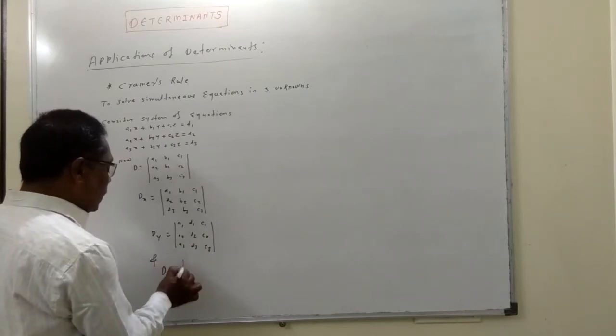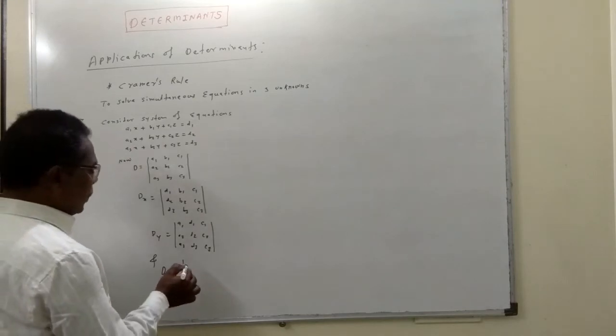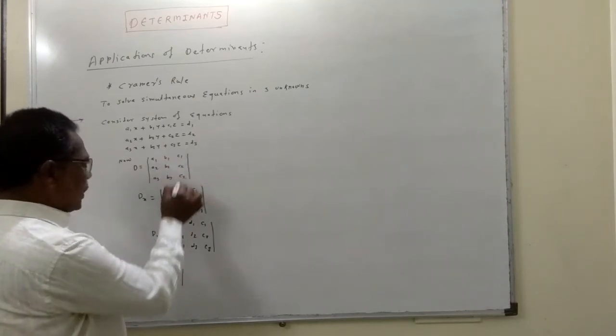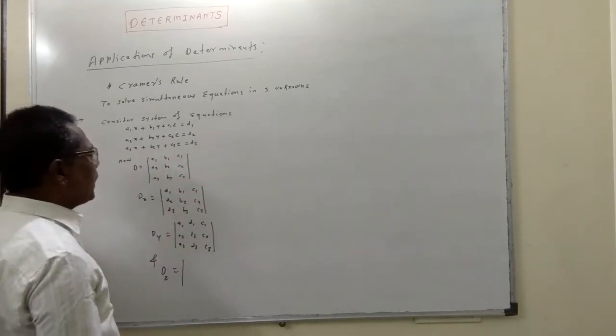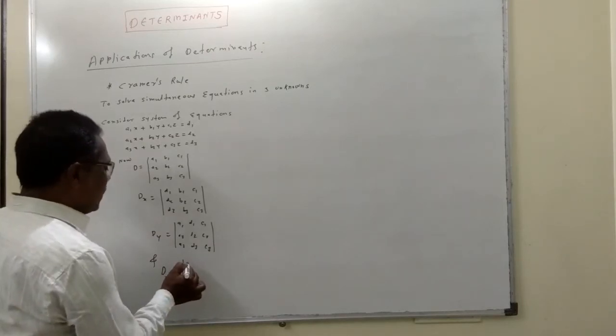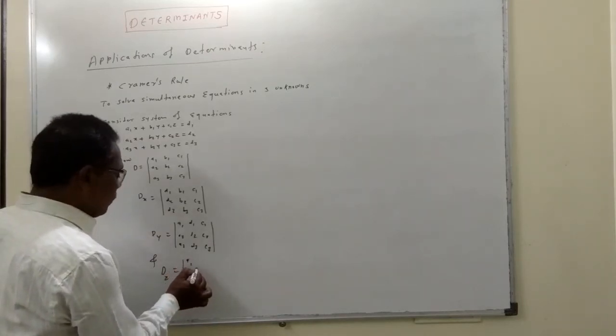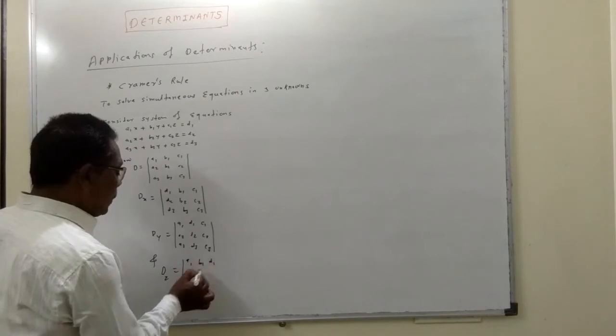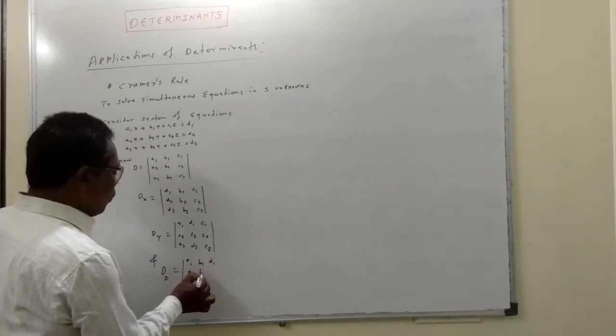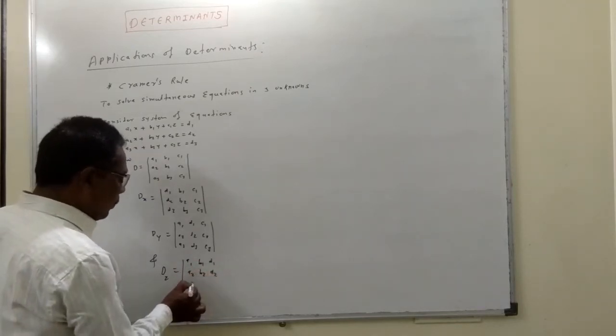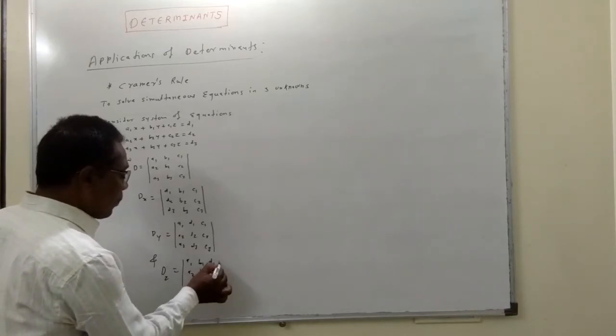And Dz is equal to determinant. Now to find Dz, you replace third column, that is coefficients of z by the constants in D. So we will get a1 b1 d1, a2 b2 d2, a3 b3 d3.